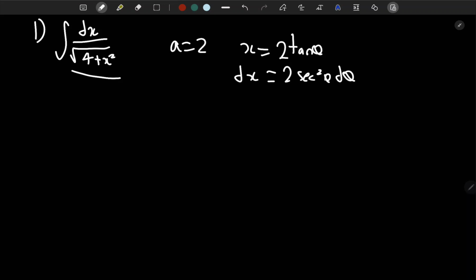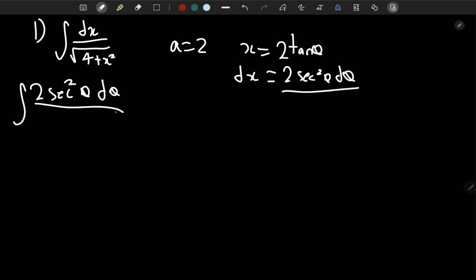So now let's replace dx with what we have over here, and let's replace x with our substitution, which is 2 tan delta. So now the integration of dx, which is 2 secant squared delta d delta, over radical of 4 plus x squared, and x we know is 2 tan delta.